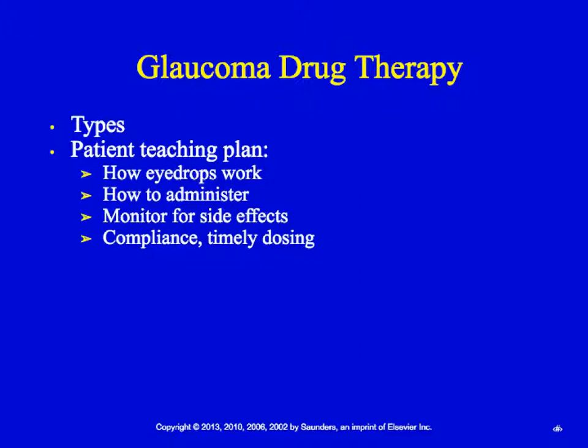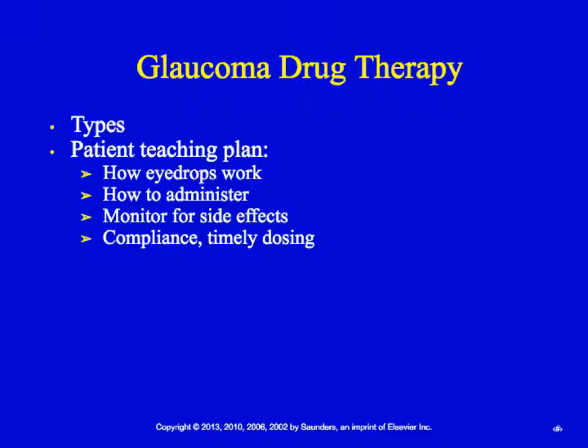If you notice the side effects of the beta adrenergic blockers, there are a lot of the same side effects as the beta blockers that we talked about regarding blood pressure and cardiac patients. They should not get the systemic effects of these eye drops, but they could. So they need to be aware.